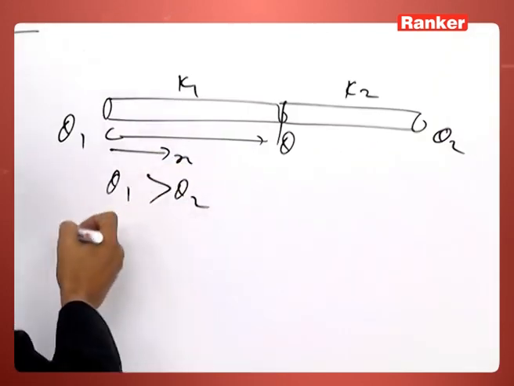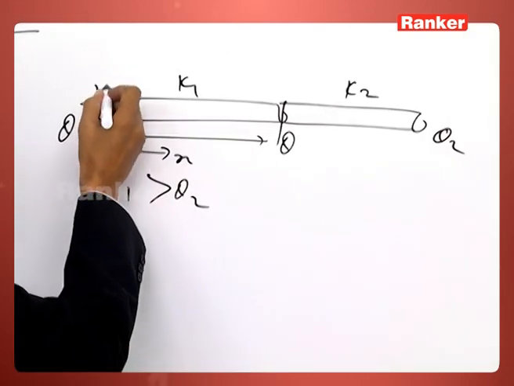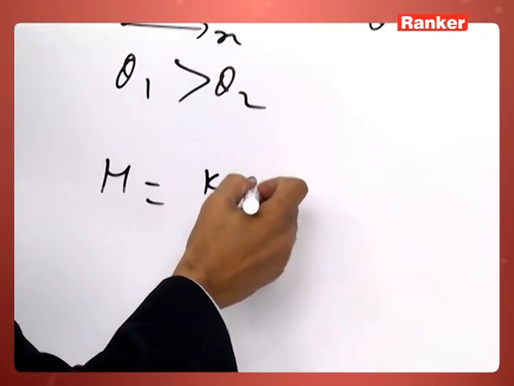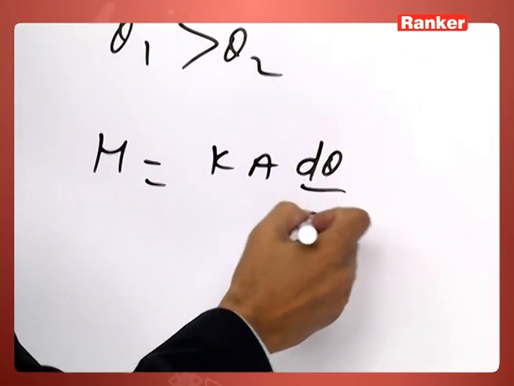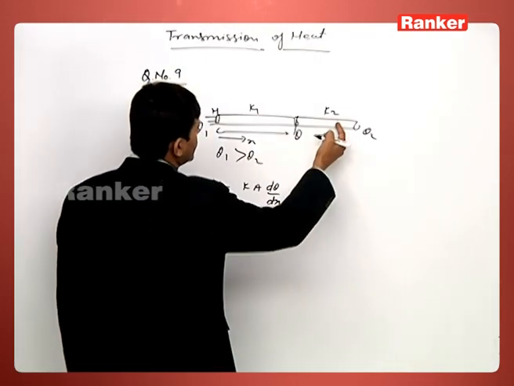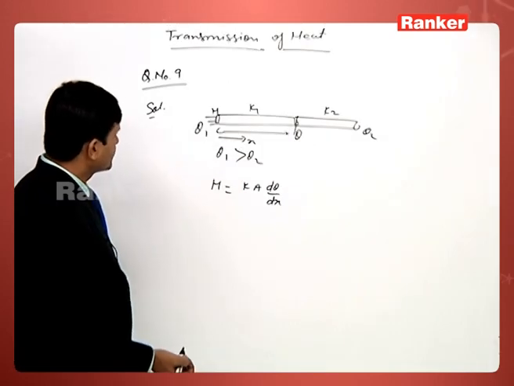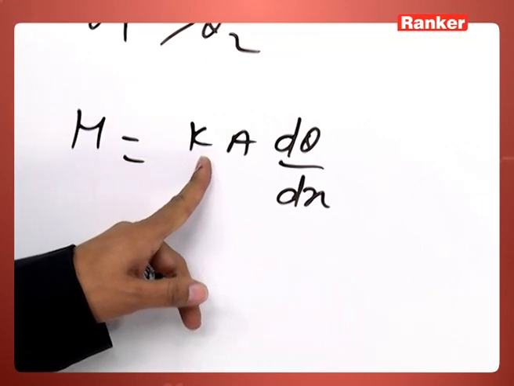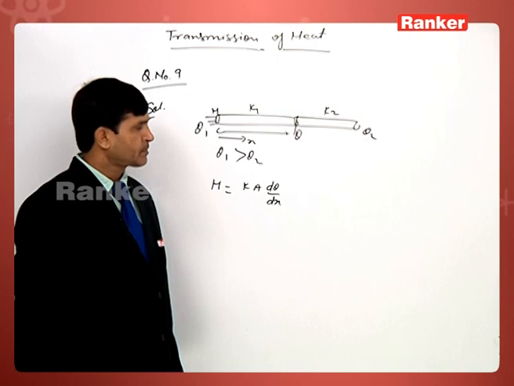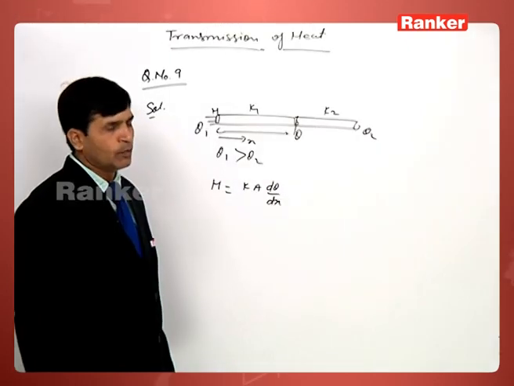The temperature gradient d theta by dx: whatever heat is coming from here, H is equal to K A d theta by dx. And the same thing we get here, but the difference is that the K value will be different. So d theta by dx will be a straight line that has constant slope.